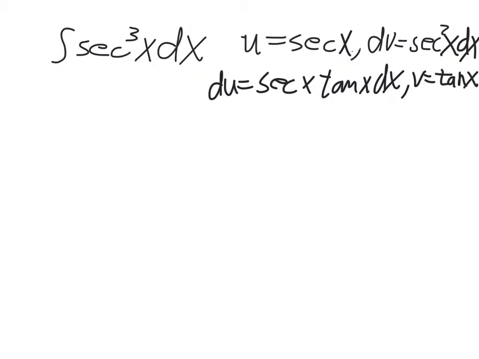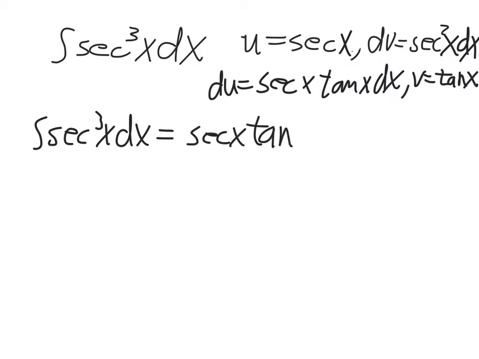Okay, just the tangent x. So our integration by parts then, separating secant cubed into the secant x times secant squared x, we can then do u times v minus the integral of v du.